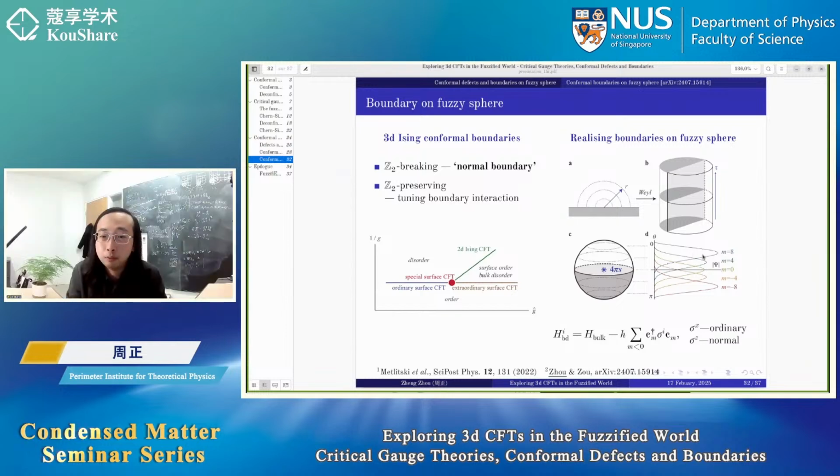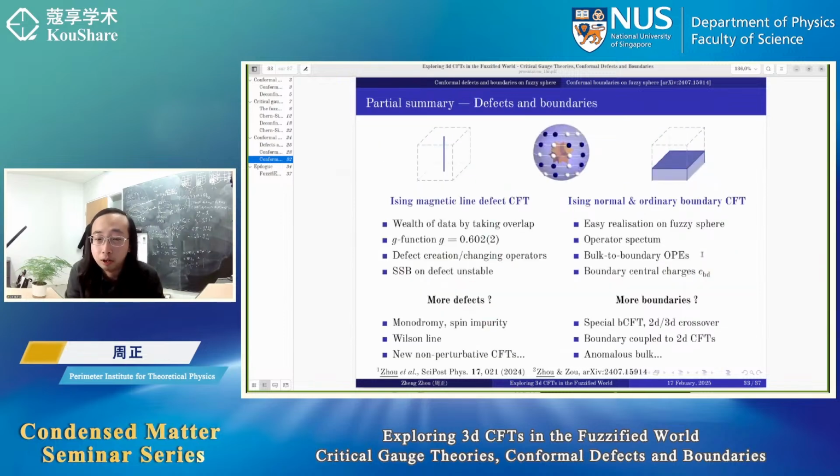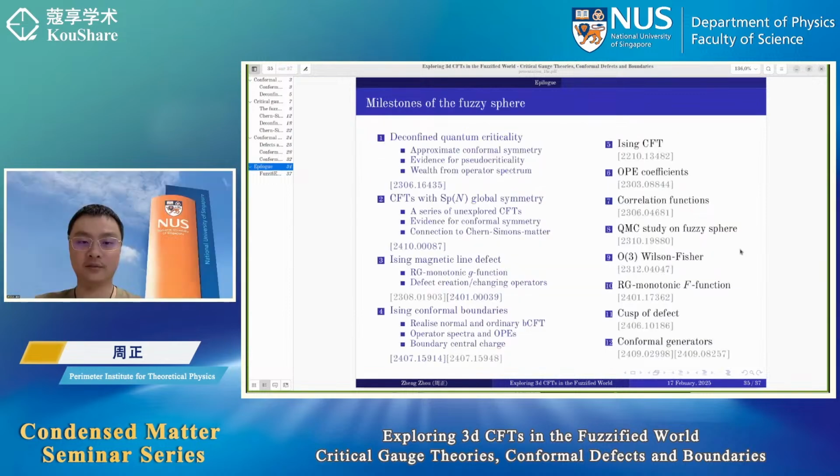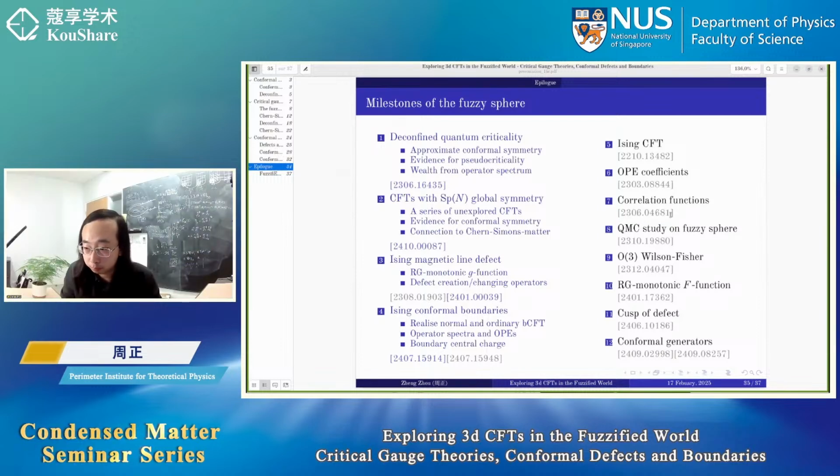Also, how good is the fuzzy sphere at calculating the 4-point functions? There has been work calculating the 4-point functions. This work, I believe. And so far, I think it is possible to calculate an arbitrary 4-point function.